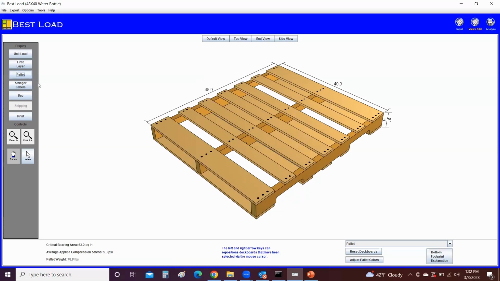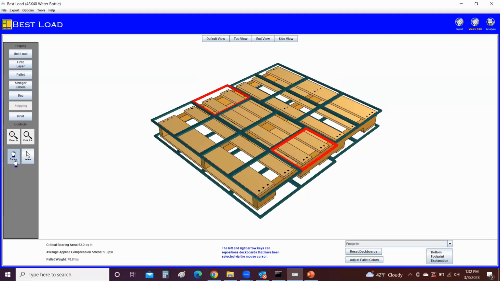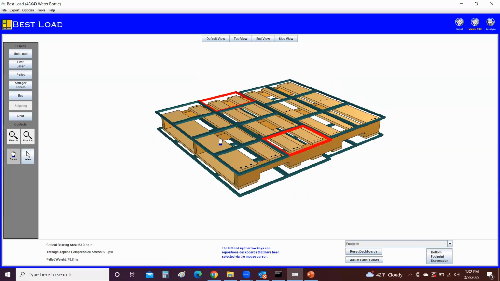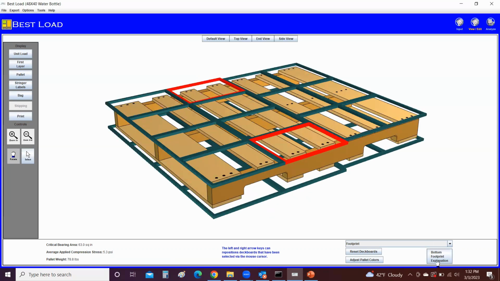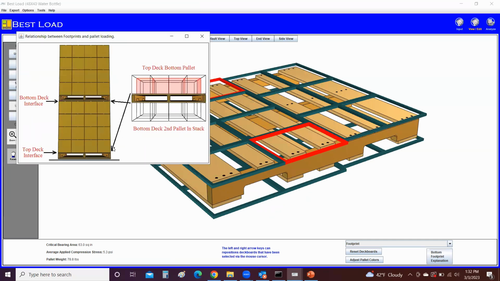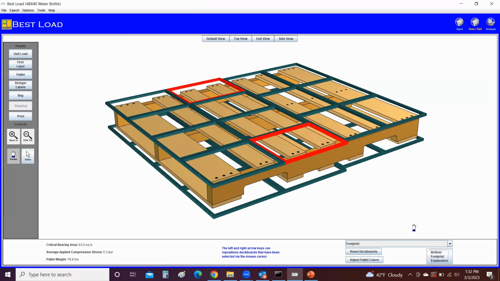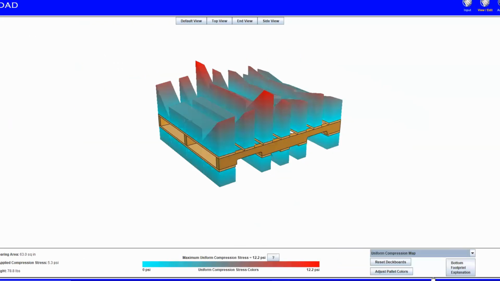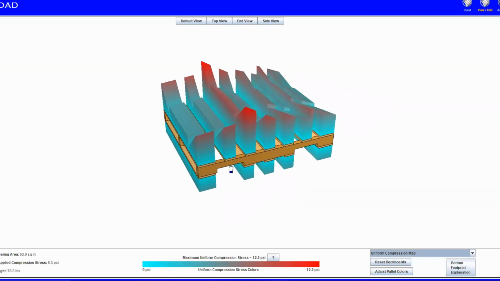We first want to evaluate the interface between the pallet deck and the packaging system, where we can see which of the water bottle packs are under the highest stress, keeping in mind two static stress interfaces are modeled simultaneously. And furthermore, the maximum uniform compression stress distribution, where we can clearly see up to 12.2 psi in two specific locations.